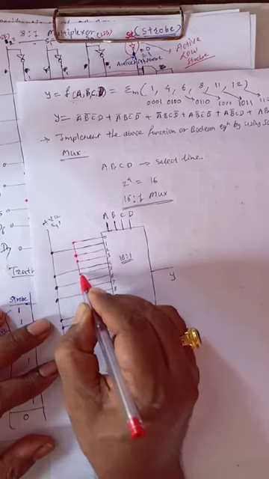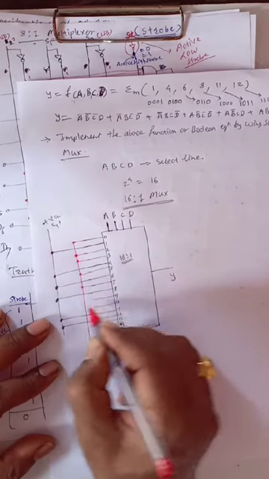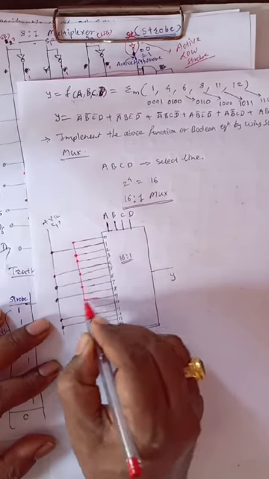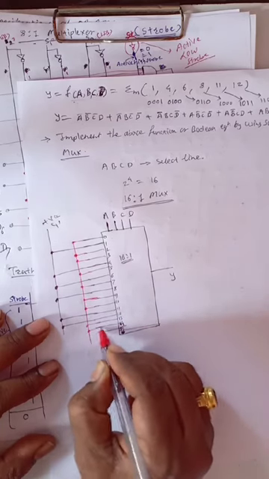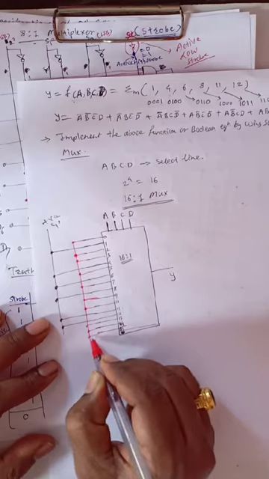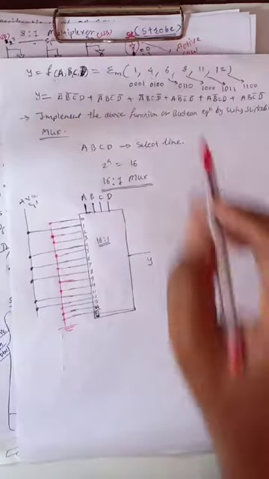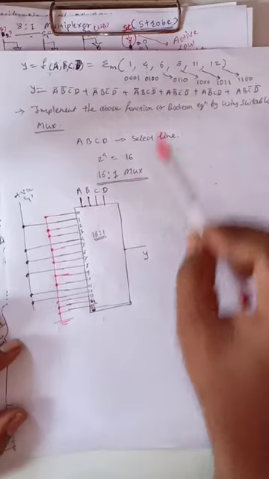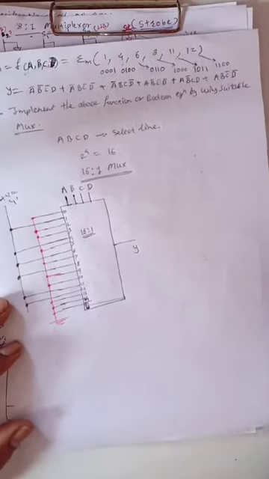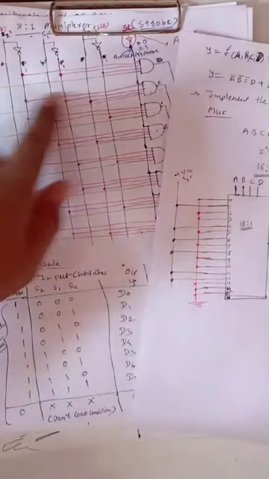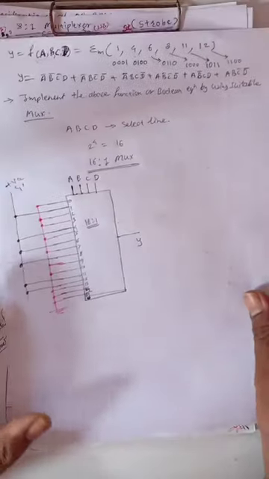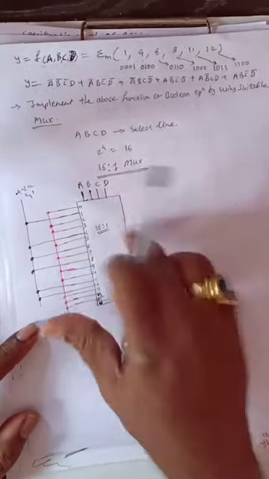And connect all the remaining inputs to the ground. So in this case we implement this equation by using a 16:1 multiplexer. Don't draw the internal diagram for this problem, just indicate it by the block.